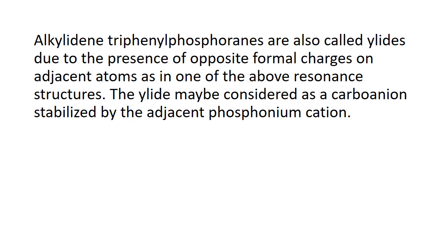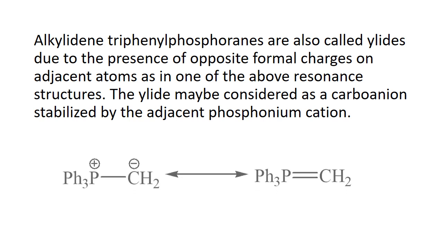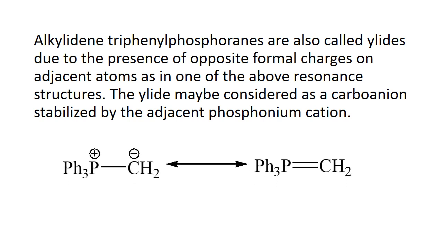We also know it as an ylide. So compounds which have adjacent positive and negative charges on the same compound, we also know them as ylides. So our triphenyl phosphoranes can also take on the name of an ylide because of the resonance which exists.